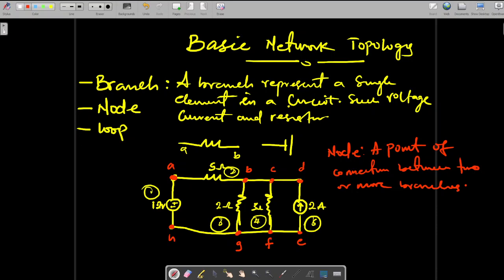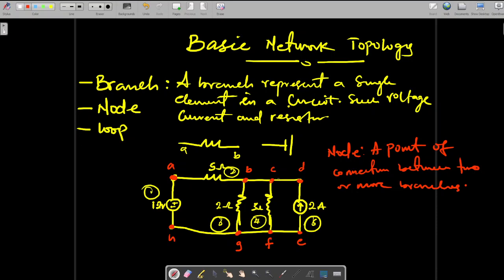But there's something you need to note about nodes. Any nodes that are on the same line, like between this node and this node and this node, there is no branch between them. I want you to understand it in layman's terms now, I'm not speaking any terminology. Can you see this now?